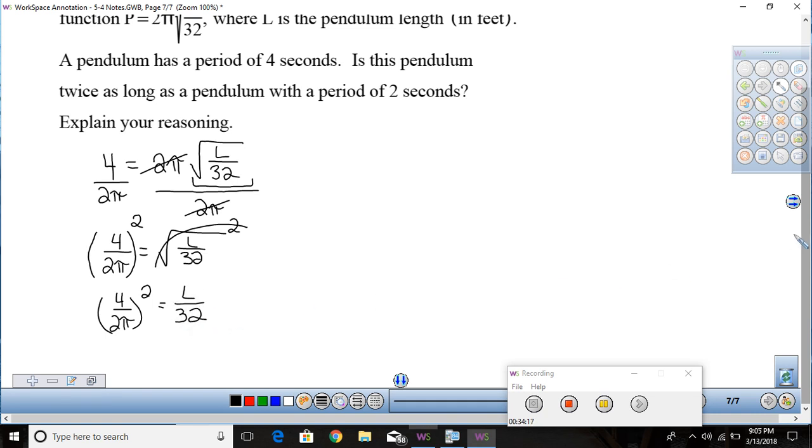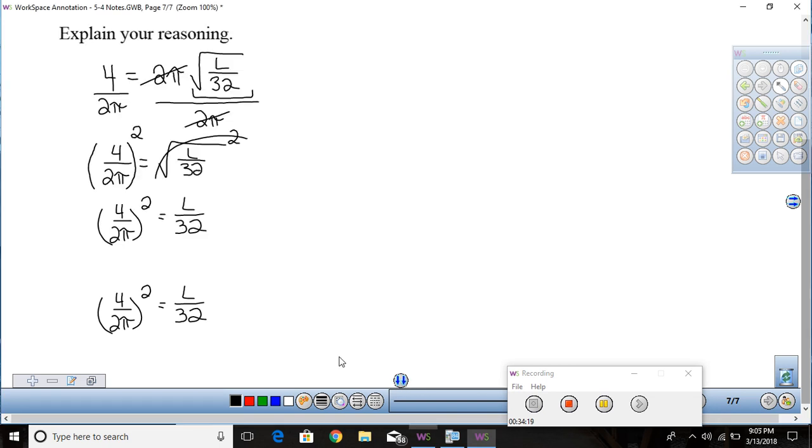Well, to solve for L at this point, I'm going to have to multiply by 32. So that gives me a length of 12.97, roughly.